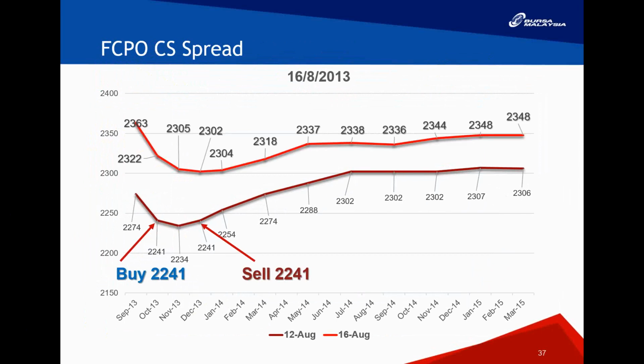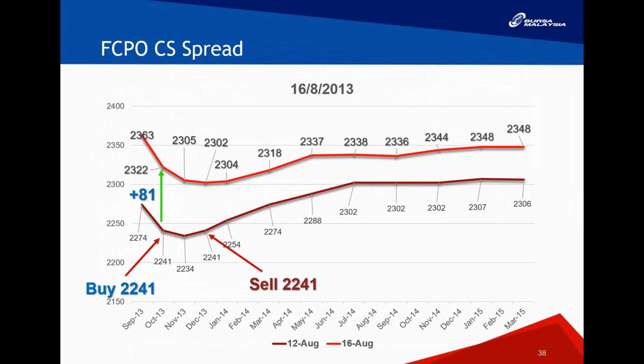So the one that I long, I make 81 ticks, and the one that I shorted, because it went up also, I lost 61 ticks. So you end up making only 20. How do you get the 20 ticks? You make 81 ticks minus the 61 ticks you lost, so you gain 20 ticks. This is your net spread profit. That means my spread made 20 ticks.